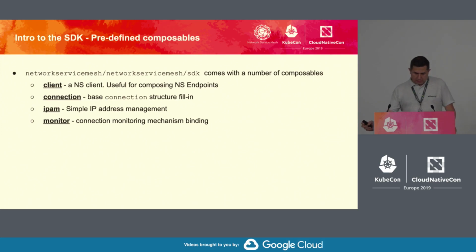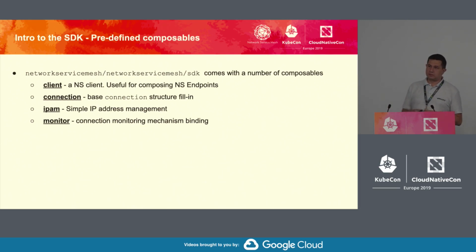With the SDK, we currently have a couple of predefined composables. As we said, one of them is the client, then we have the connection, IP address management, and monitoring. A little bit about IP address management. It is a layer that is pre-configured with a subnet, and then it splits it into smaller /30 chunks for IPv4.